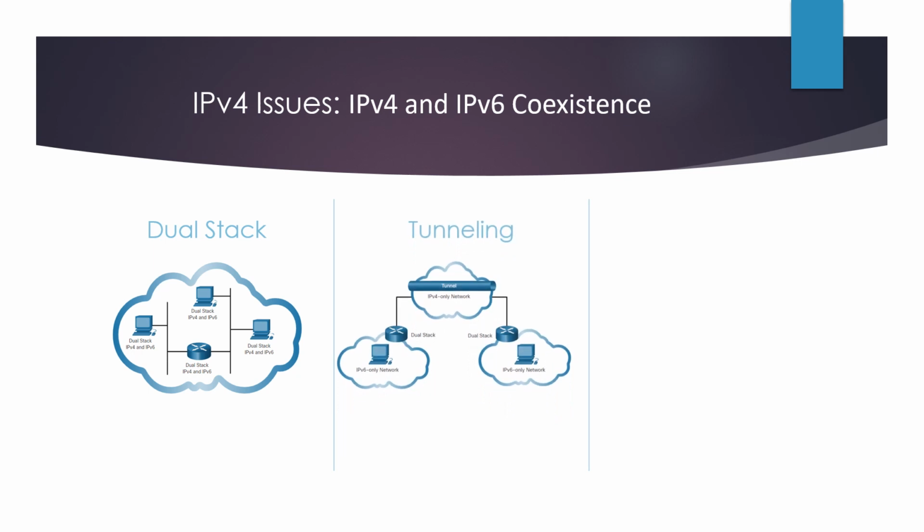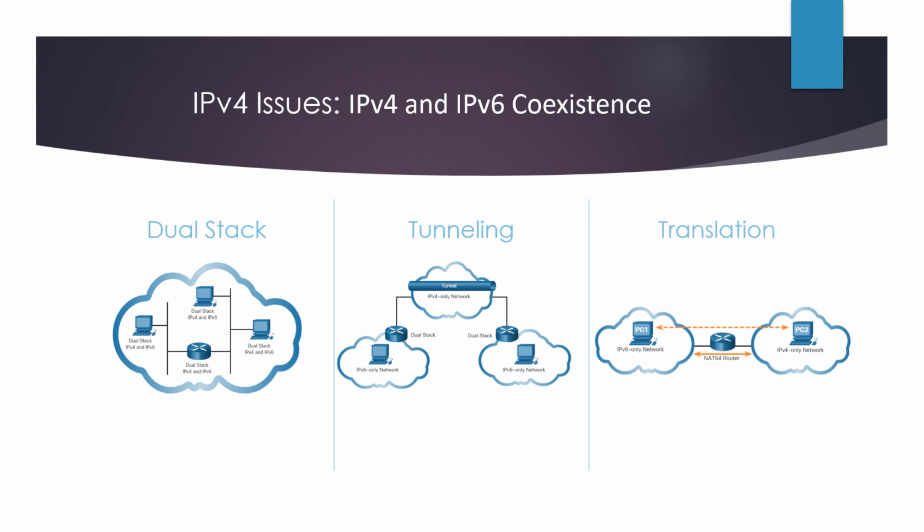The second one is tunneling, a method of transporting an IPv6 packet over an IPv4 network, where the IPv6 packet is encapsulated inside the IPv4 packet, similar to other types of data.